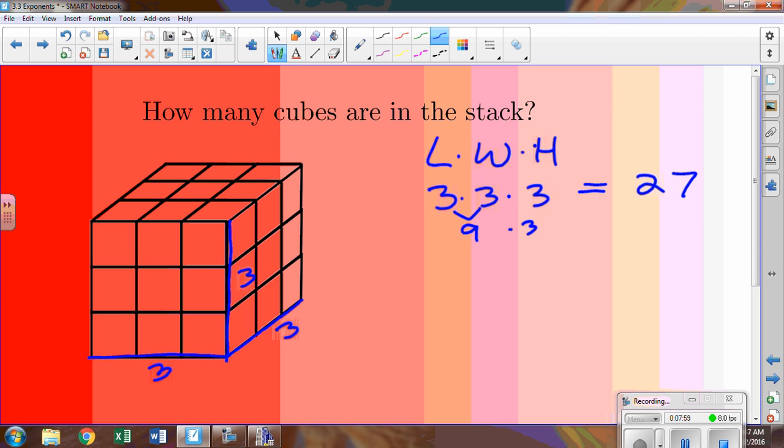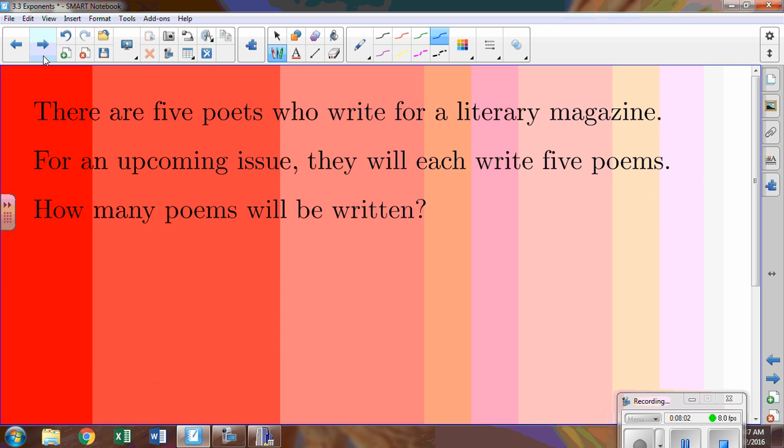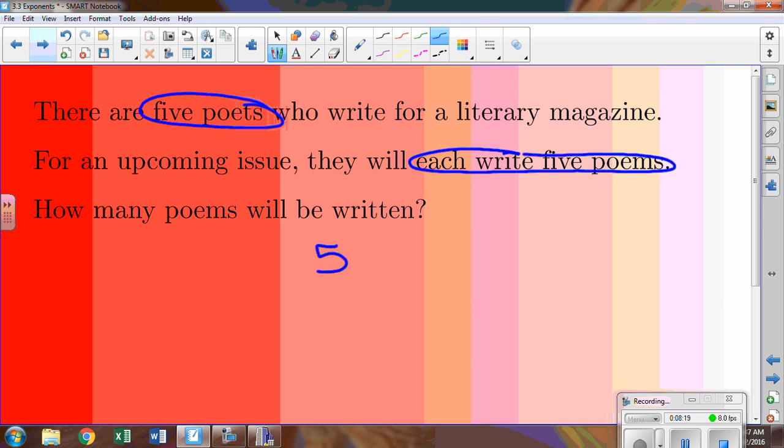We'd also want to recognize exponents in a word problem format. For instance, there are 5 poets who write for a literary magazine. For an upcoming issue, they will each write 5 poems. If they're each writing 5 poems, that tells us that we'd have to multiply by 5. And at this point, we can continue reading, but there's nothing else going on with like each doing another 5 or another 5.